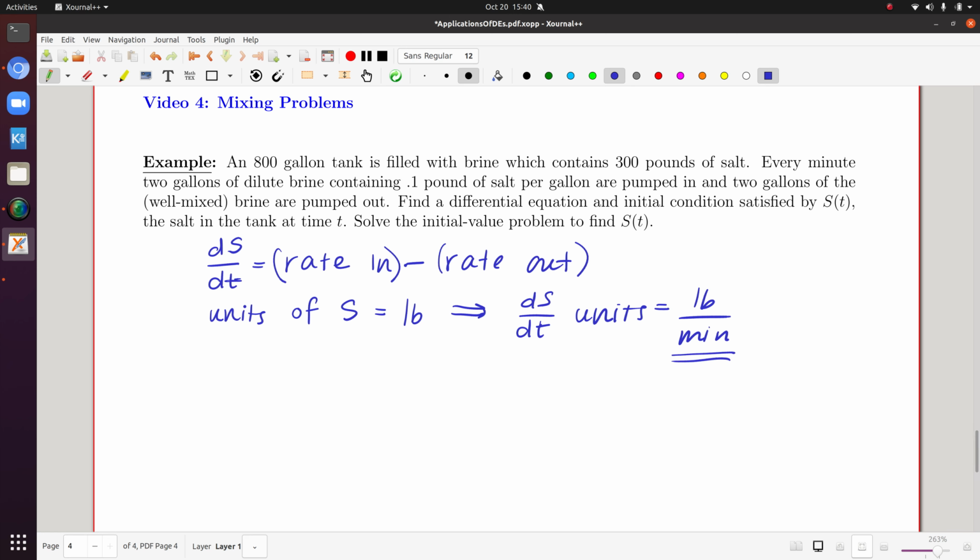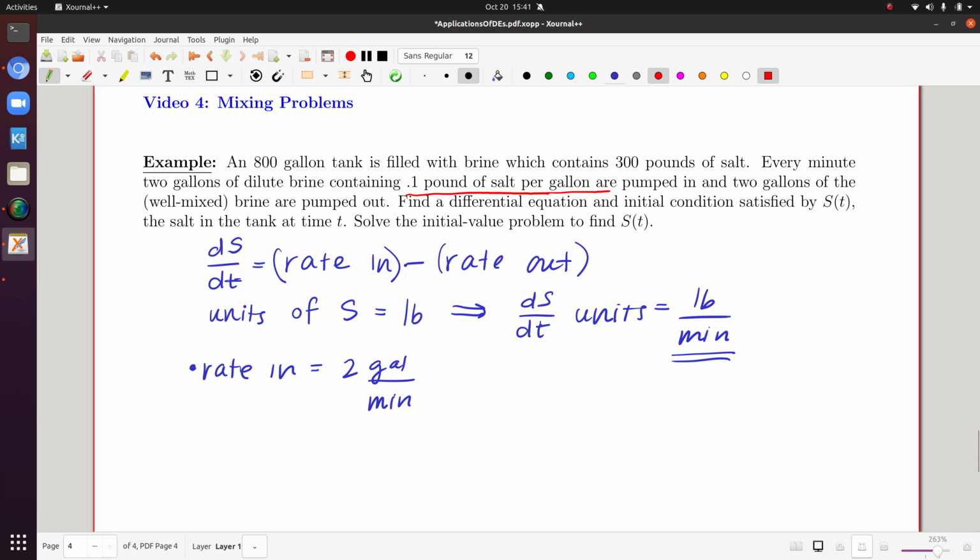So when I'm starting to separate this, the rate at which the salt is being pumped in, I certainly do want to notice that we have in this rate that every minute 2 gallons are being pumped in. So that's gallons per minute if I'm thinking about that rate. Those units aren't exactly what I need, so that's not enough. But what I can take advantage of is this other proportion, pounds per gallon.